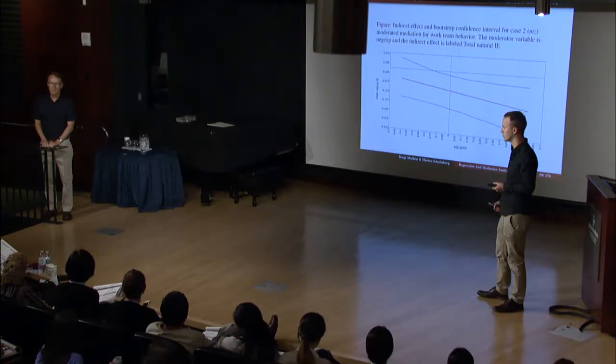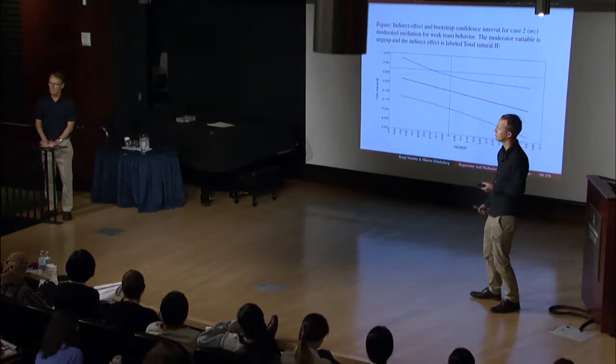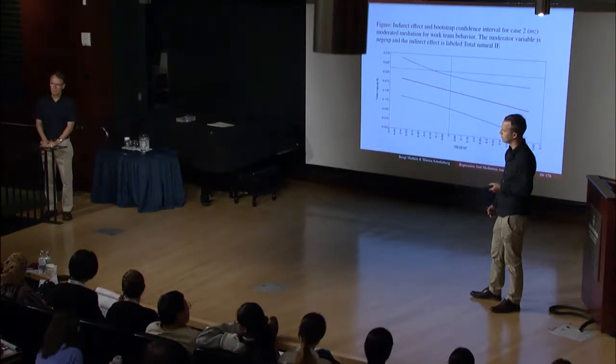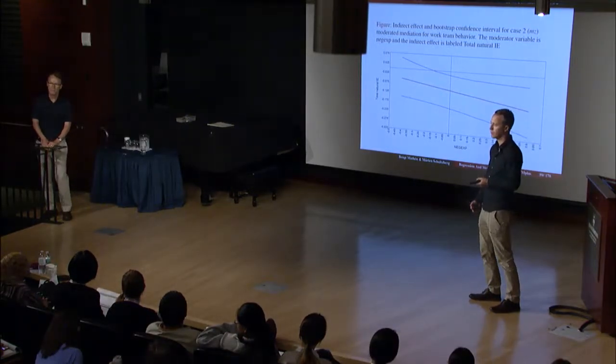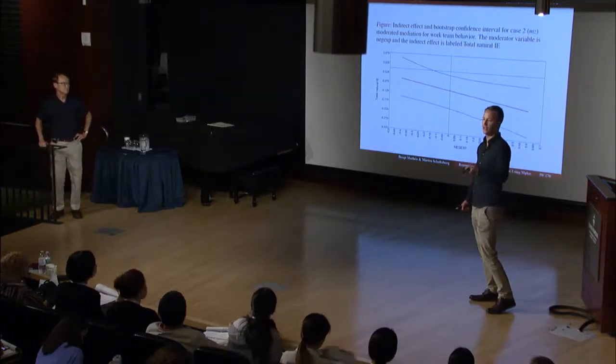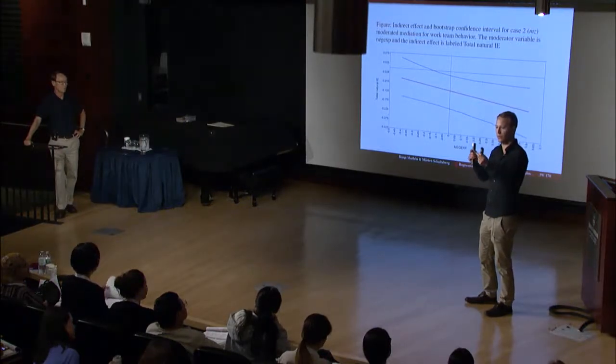Centering before you do an interaction, you don't have to do that. Often when you do centering, the interpretations can be easier, in the sense that you can think about what the terms mean.